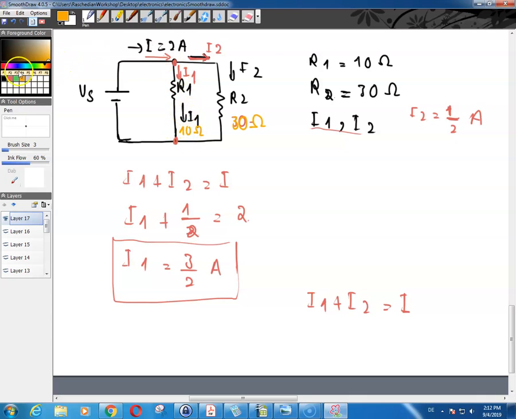Through the 10 ohm resistor, the current is 1.5 amp, and through this resistor you have half amp.